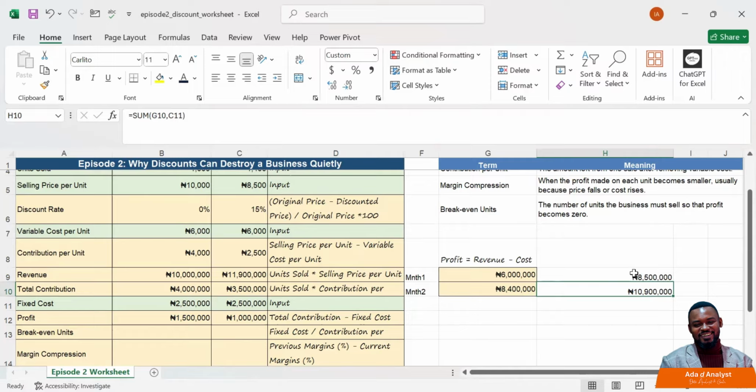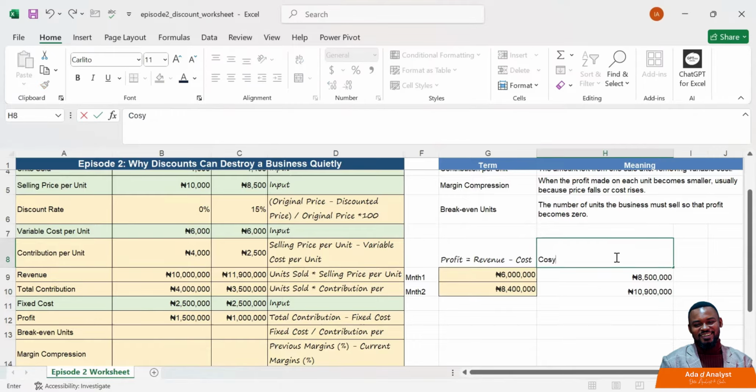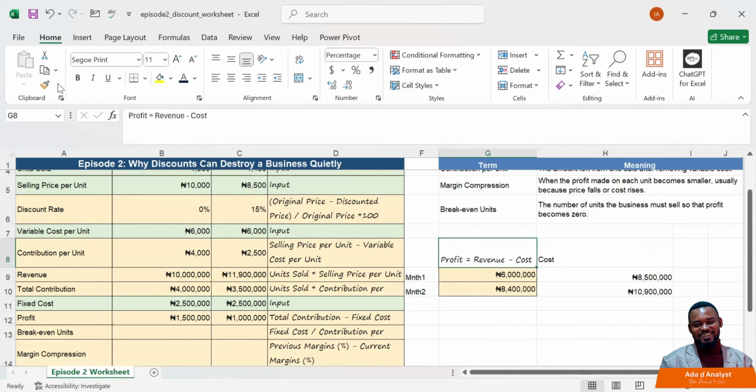So you see here, we now have our total cost, which includes the total variable cost and the fixed cost. So let's say this is cost, right? This is just an example to show us that what we had done initially is correct, okay?